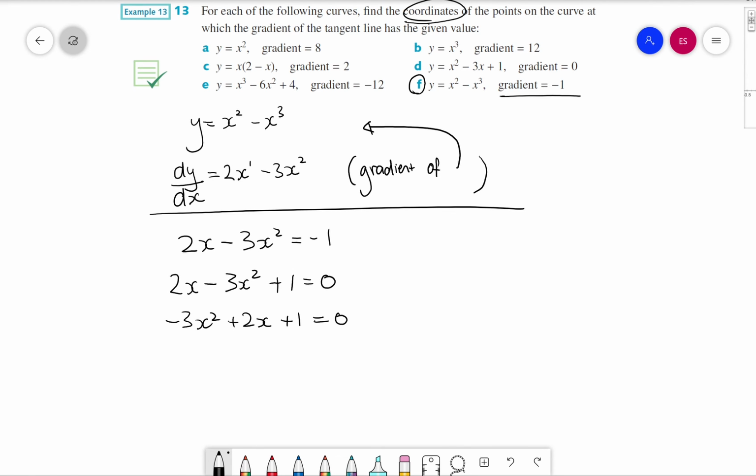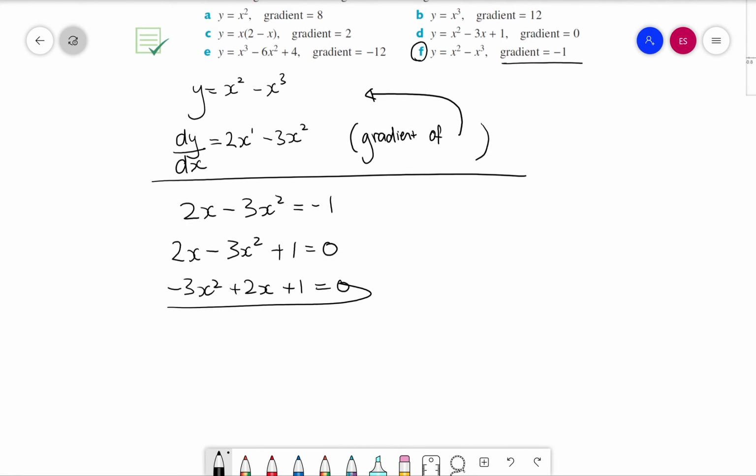Great. And this is just a quadratic equation. So we can solve this. You can use quadratic formula, you can use factorization, guess, or your CAS. Now, whichever way you choose, you'll get 3x plus 1 in the first bracket, and in the second bracket you'll get x minus 1 is equal to 0.